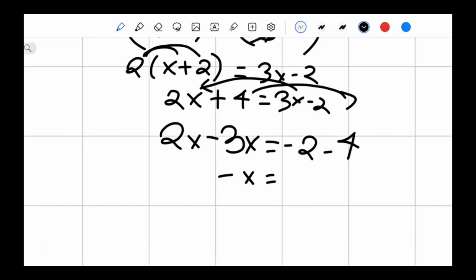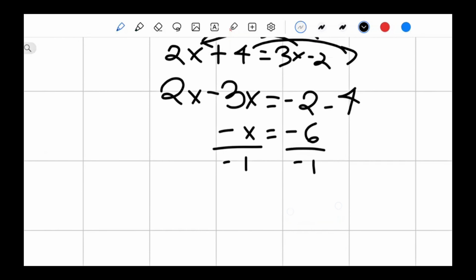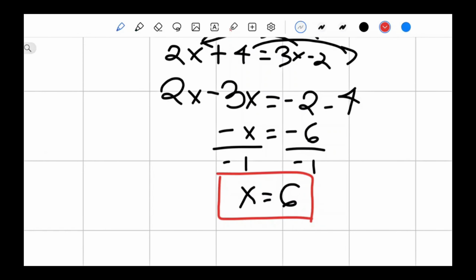Then equals -2 - 4, which is -6. Because we have negative on both sides, we divide by -1. Negative divided by negative is positive, so we have x = 6. Therefore the value of x is 6.